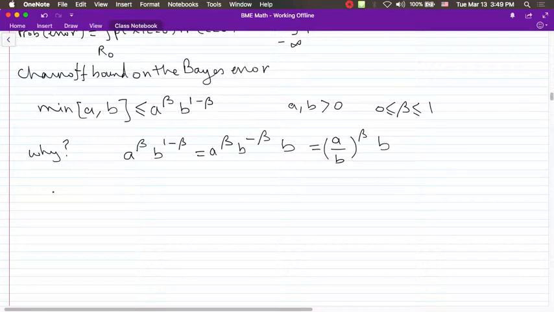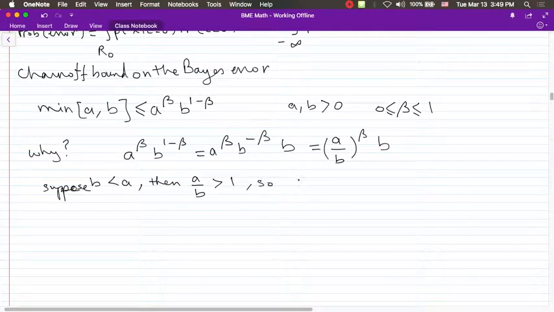So why is that? Suppose B is less than A. So obviously if B is less than A, then the minimum of A and B is B. So if B is less than A, then A over B is greater than 1, right?